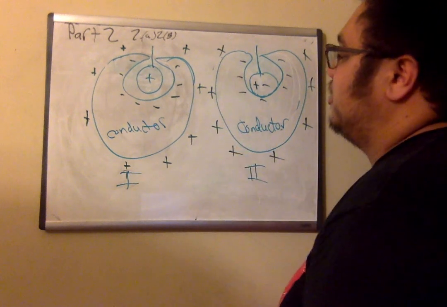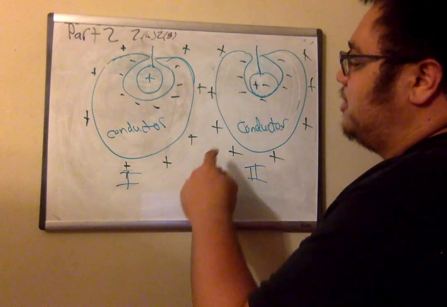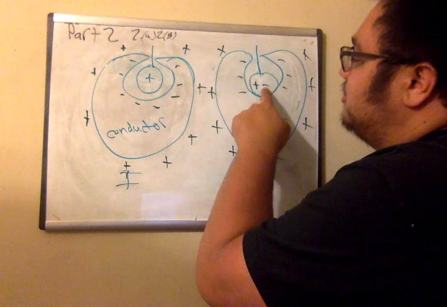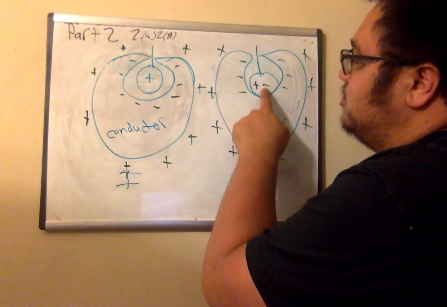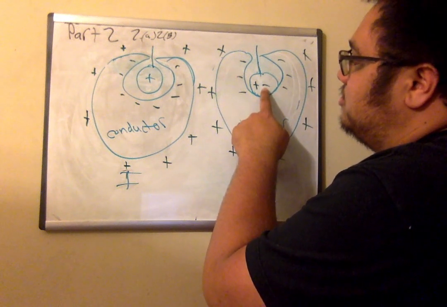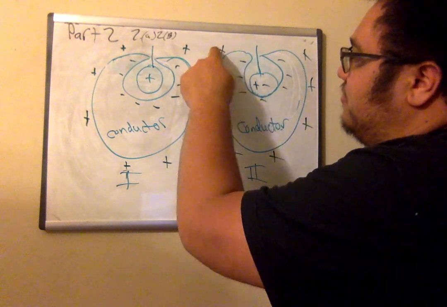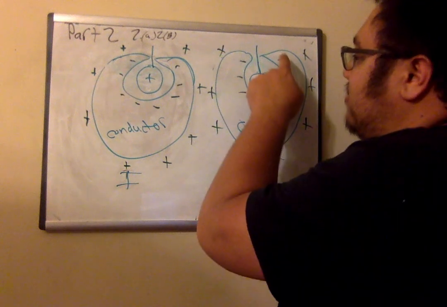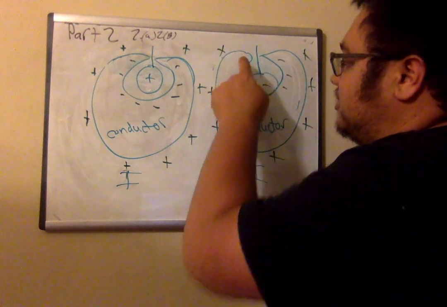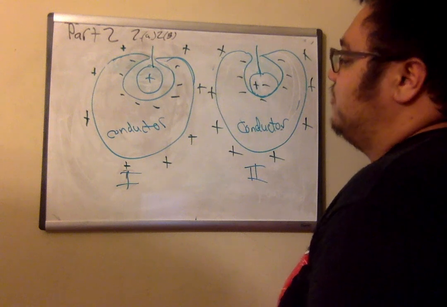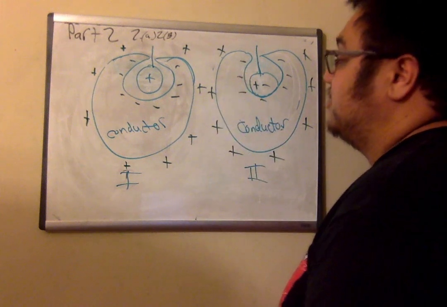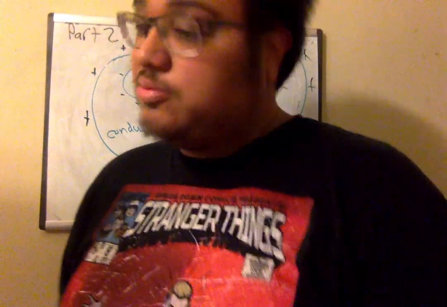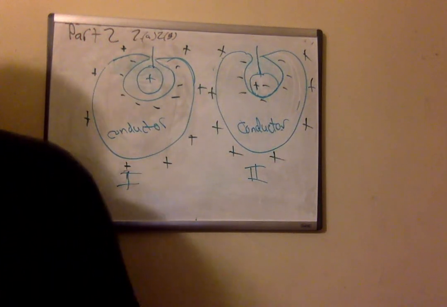And so same logic here. So now if we look at it, the conductor overall is positive, right? This ball is going to be neutral. And the overall charge, we have 1, 2, 3, 4, 5, 6, 7, 8. But here we have only 1, 2, 3, 4, 5, 6, 7 electrons. So therefore, overall, the conductor now is positive. So I think that's literally what you do for part A.